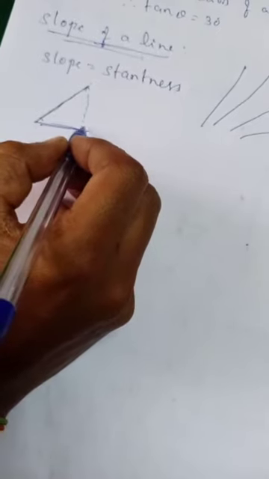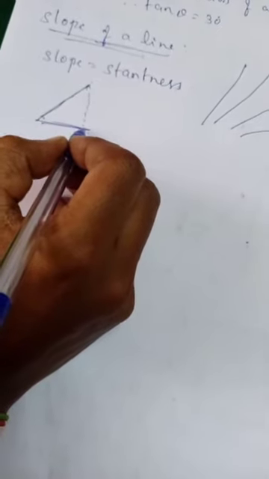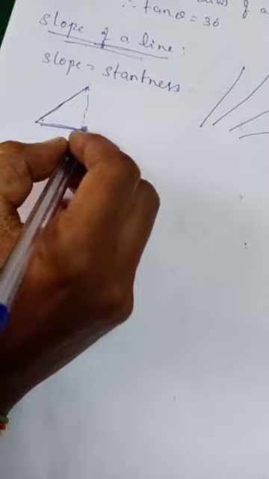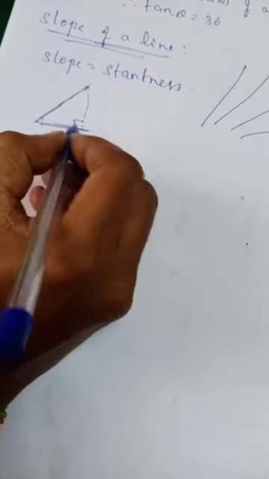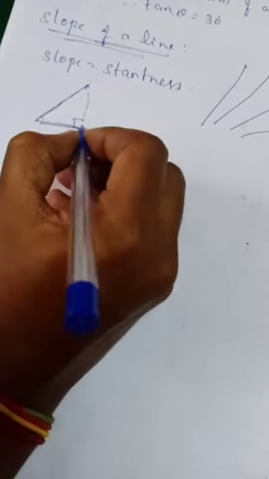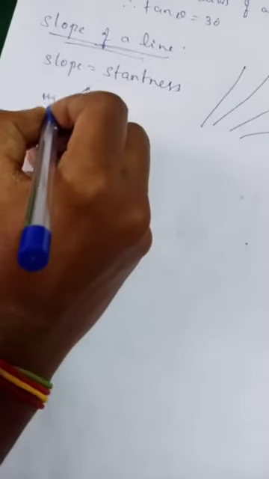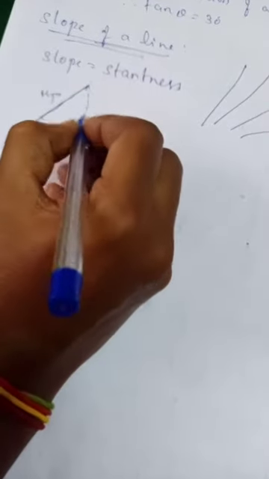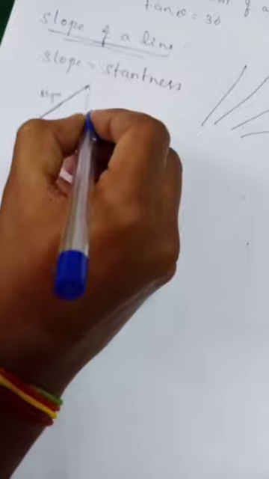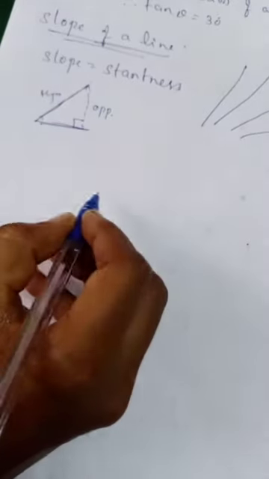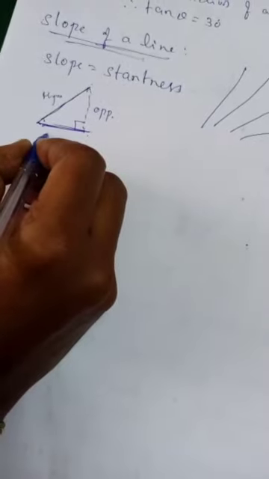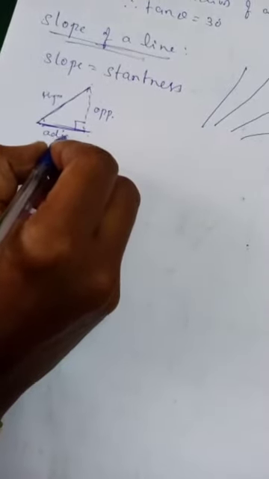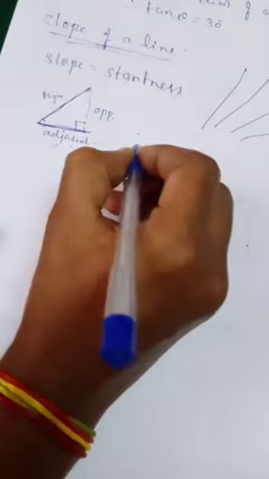So in trigonometry, as we studied in earlier classes, this is 90 degrees. This is the hypotenuse. The vertical distance is the opposite side. The horizontal distance is the adjacent side. So what is tan theta?